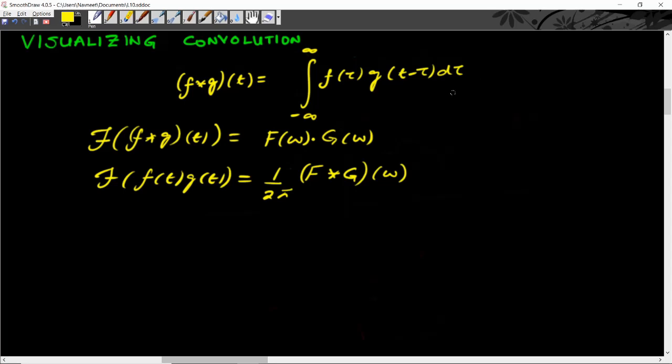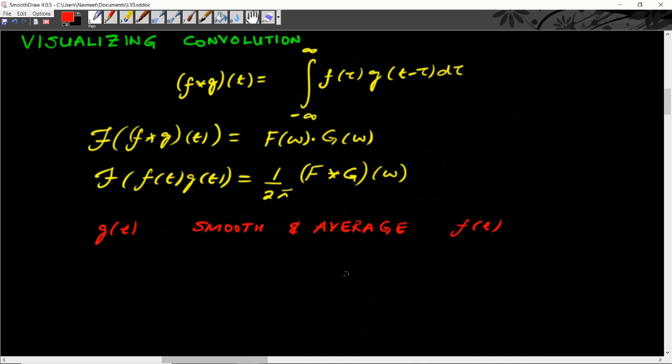And among all these applications, the most intuitive way of visualizing the convolution operation is to think of it as using one function, let's say g of t, to smooth and average another function, let's say f of t. So convolution can be thought of as smoothing and averaging operation.